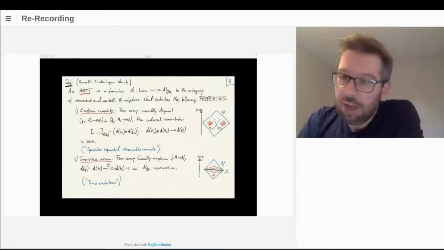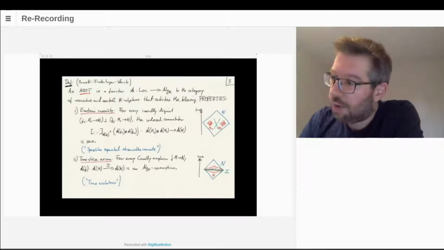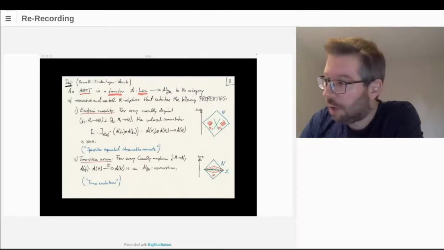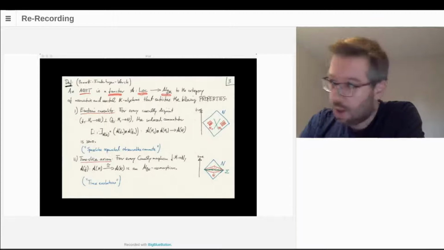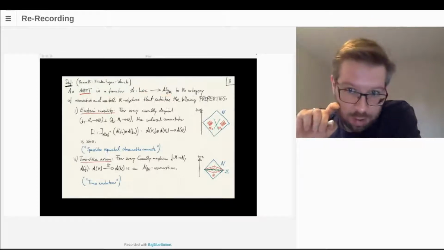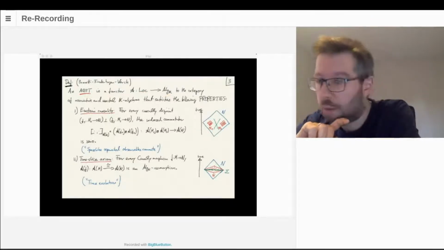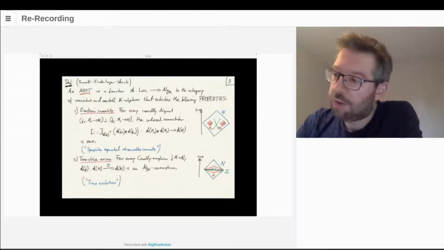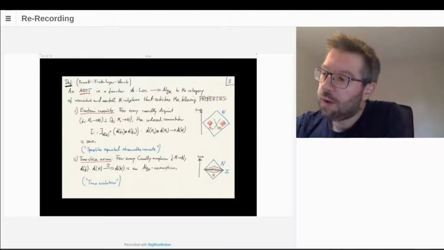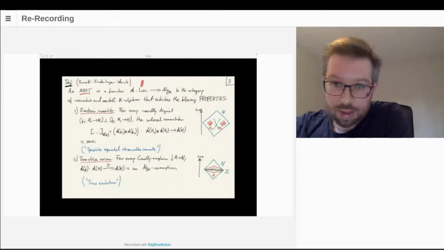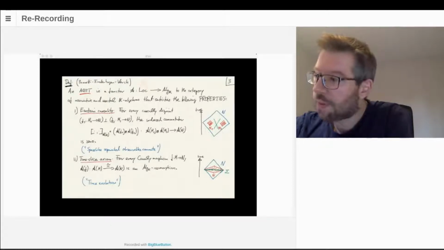So an AQFT is now the following gadget. It is a functor from the category of spacetimes to the category of algebras. And this functor is supposed to satisfy certain properties, which I will explain in a moment. So how you should think of that functor is the following. This functor takes every spacetime and assigns to it an algebra.